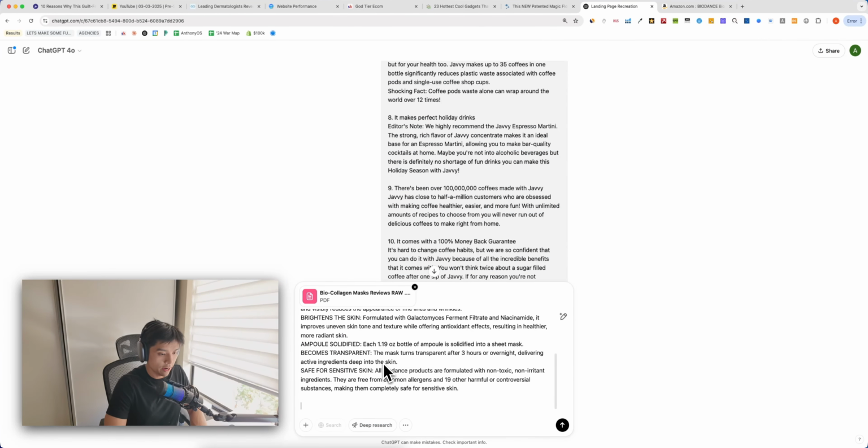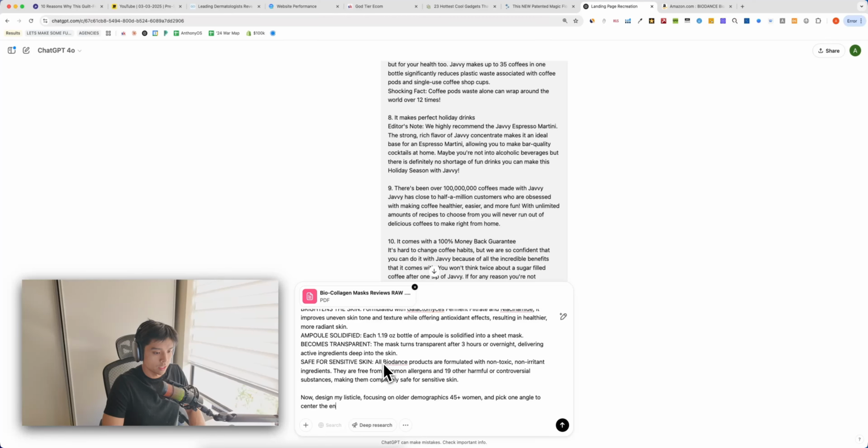Next thing I'm going to do is say, now design my listicle, focusing on older demographics, because I want to focus this on 45 plus, and pick one angle to center the entire listicle around.